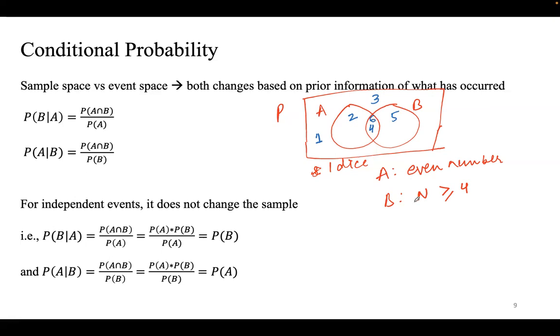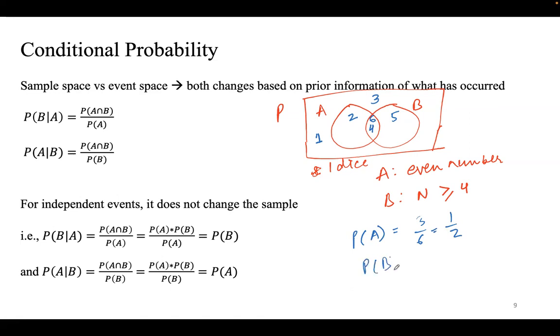Now if I just write the probability of A happening, forget whether B is there or not, you don't even need the Venn diagram. Even numbers are 2, 4, 6, so 3 out of 6, that's 1/2.